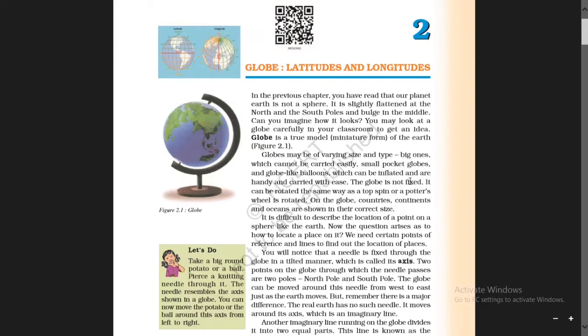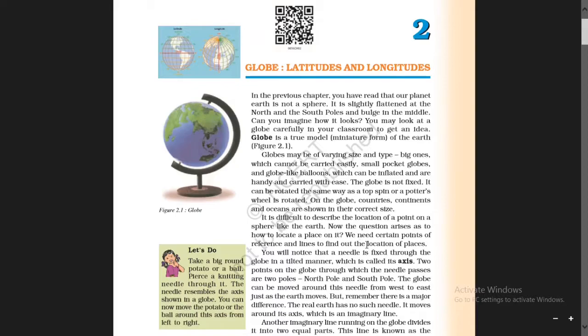The globe is not fixed. It can be rotated the same way as a top spins or a potter's wheel is rotated.